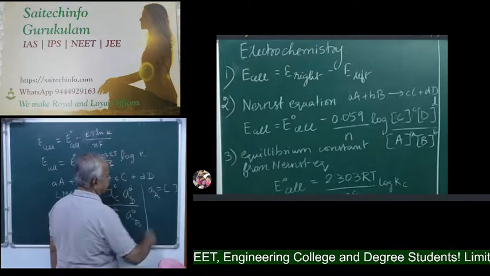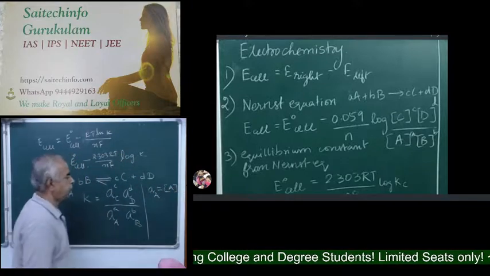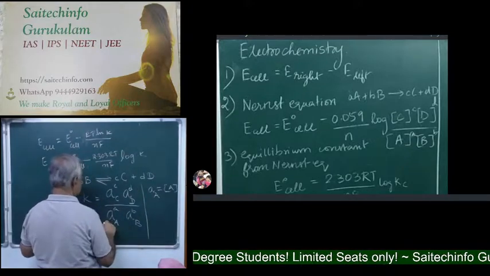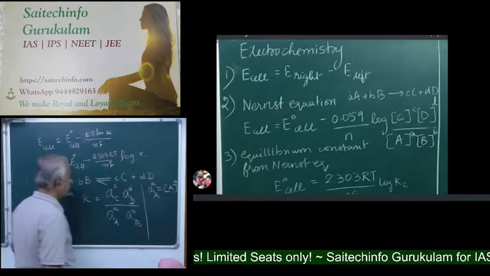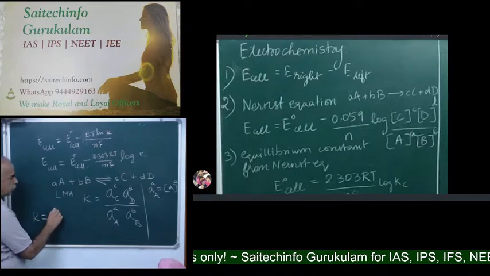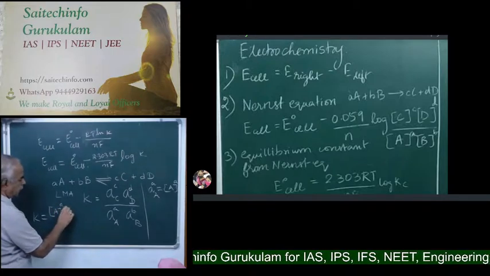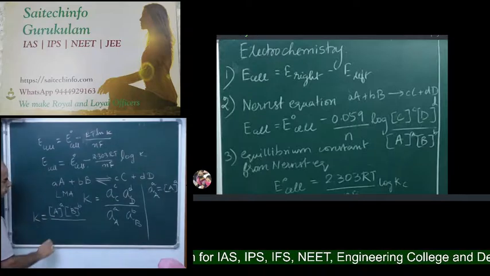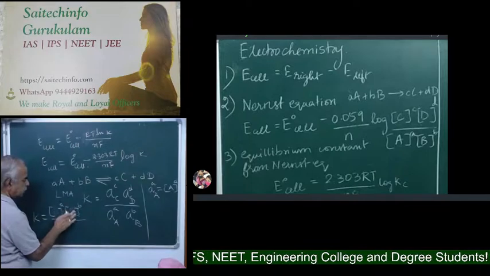When I put the active mass of A, I can put the concentration of A, raised to the power a. So this equation can also be represented as the concentration of C to the power c into the concentration of D to the power d, whole divided by the concentration of A to the power a into the concentration of B to the power b.